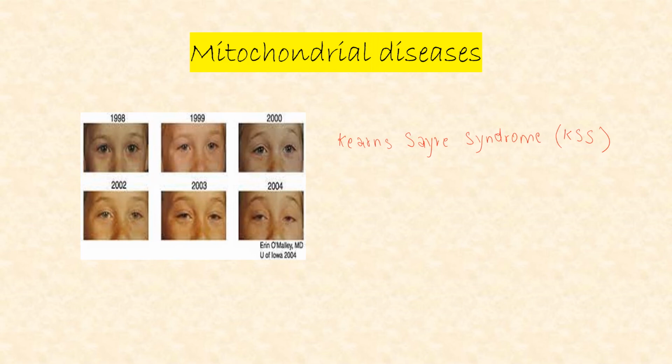You can see in the picture from 1998 and the last picture from 2004, it looks like the eyes are about to close. This situation is called drooping of the eyelids, or in biological terms, ptosis.